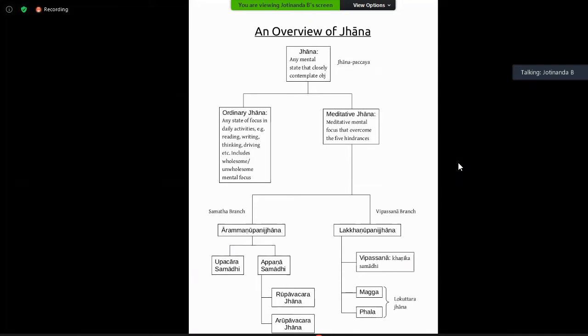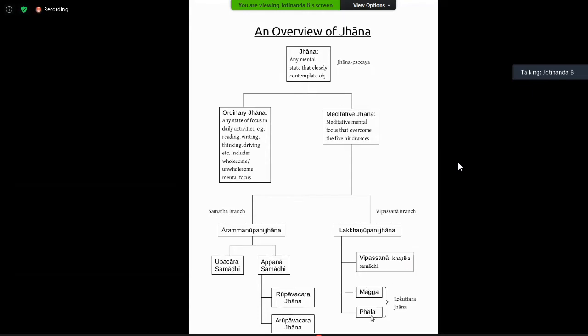So Vipassana closely contemplates the universal characteristics. So it is lakkhana anupanijjhana, a kind of jhana. Here what is involved is khanika samadhi, momentary concentration.